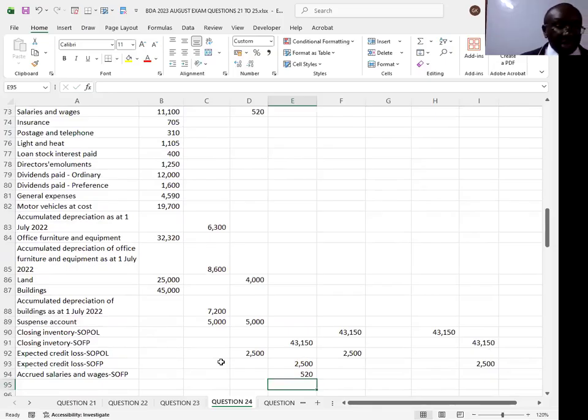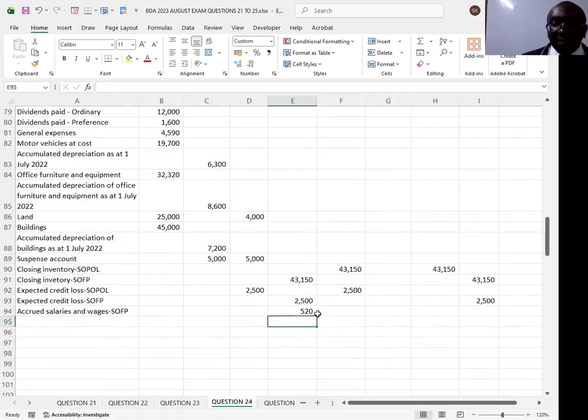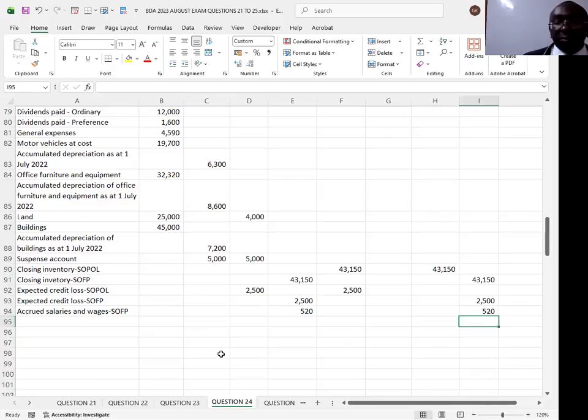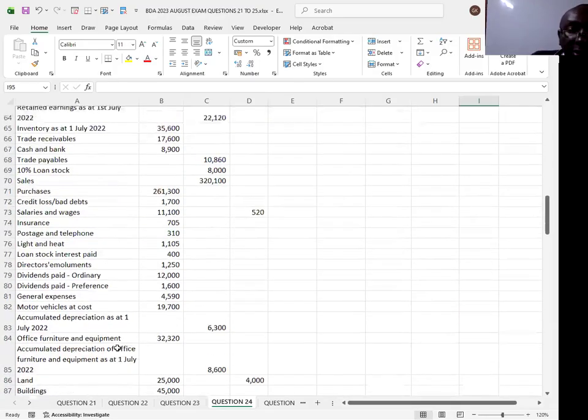We are crediting it there. Then we finish here. We credit it there in the statement of financial position.